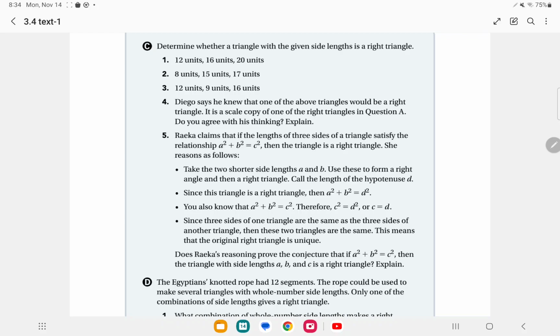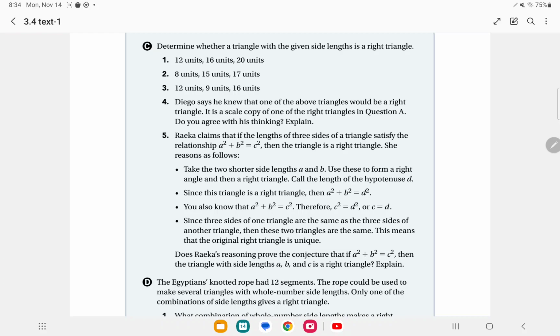And then 5, Reka claims that if the lengths of the 3 sides of a triangle satisfy the relationship a squared plus b squared equals c squared, then it has to be a right triangle. We've already said that. So she reasons as follows. Take 2 shorter side lengths a and b, use these to form a right angle, then a right triangle. Call the length of the hypotenuse d.